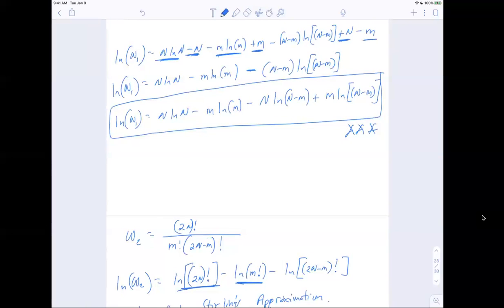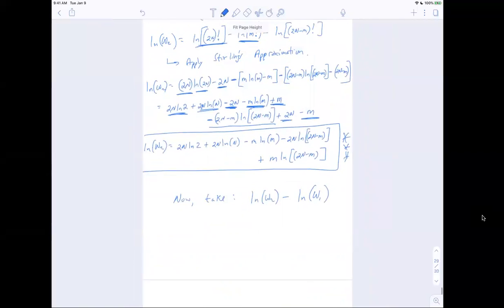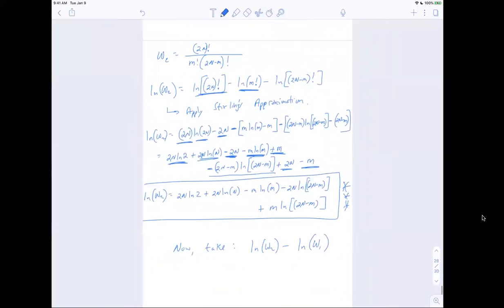And now what we're going to do is take the difference of the two logs. So let's take the difference, log of W2 minus log of W1. Let's see if we can do this without having to go back.